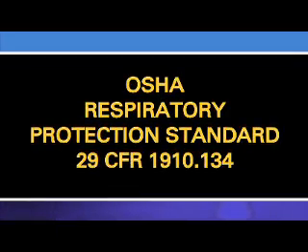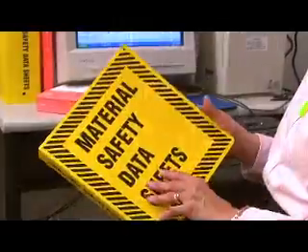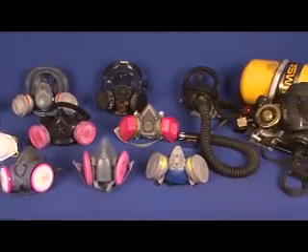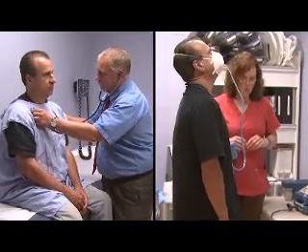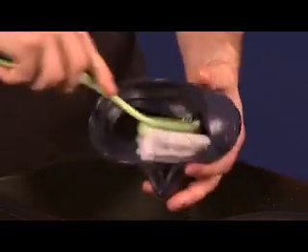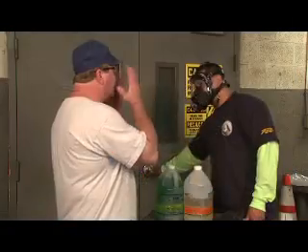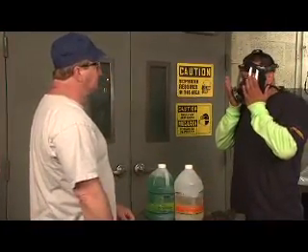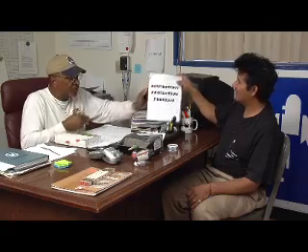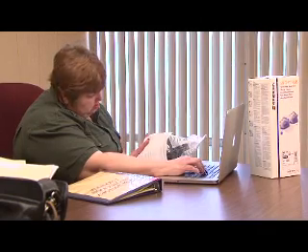The standard requires your employer to do the following: develop and implement a written respiratory protection program, evaluate the respiratory hazards in the workplace, select and provide appropriate respirators, provide worker medical evaluations and respirator fit testing, provide for the maintenance, storage, and cleaning of respirators, provide worker training about respiratory hazards and proper respirator use, evaluate workers' use of respirators and correct any problems, provide you with access to specific records and documents such as a written copy of your employer's respiratory protection program, and conduct a periodic program review.